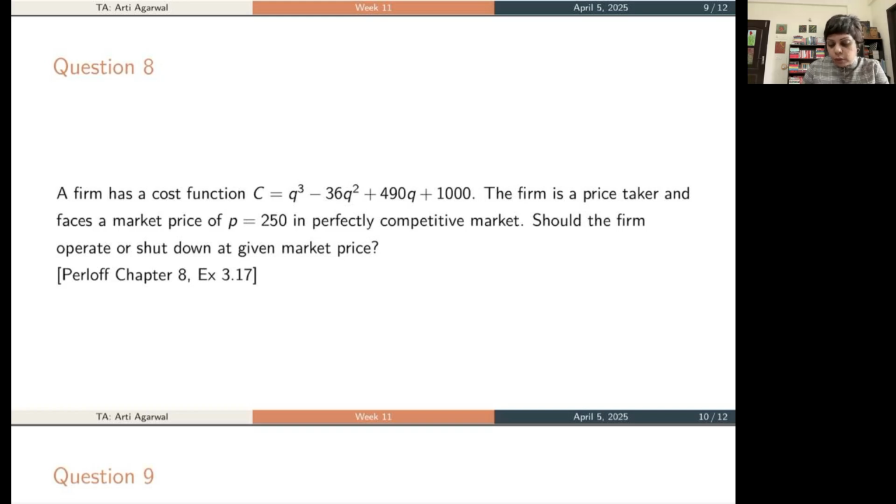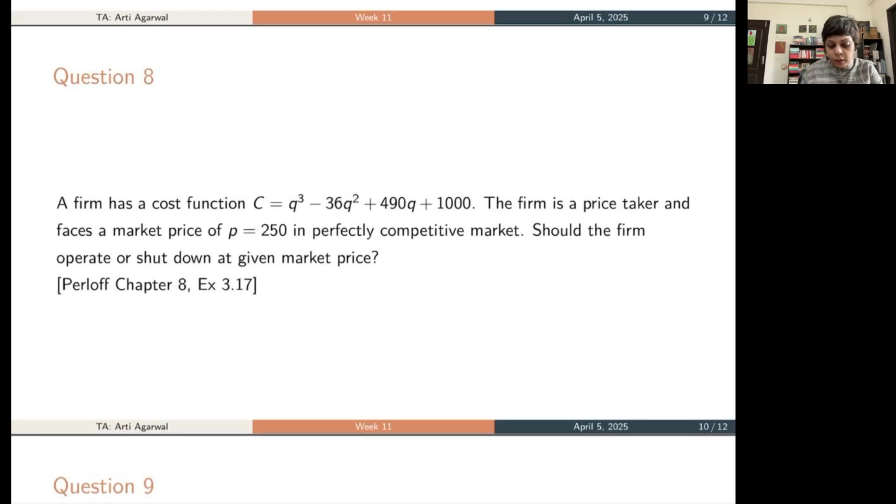What I did was factorize the quadratic function and check at what value average variable cost is the lowest, and you draw the parabolic curve, and in the upper part of the curve is where the firm is going to operate. So all you have to check is where the market price of 250 lies on that curve.